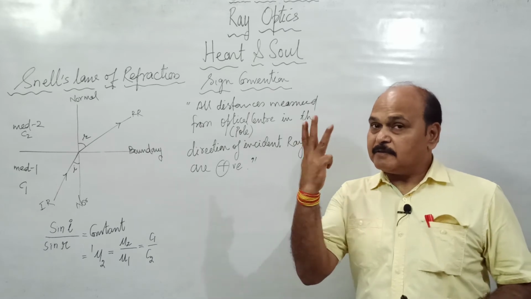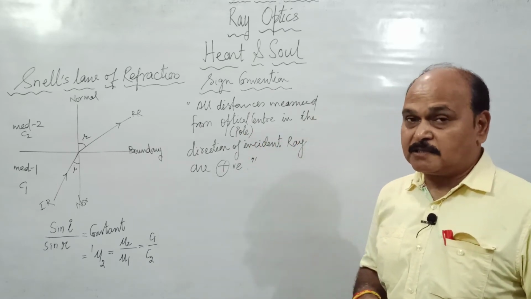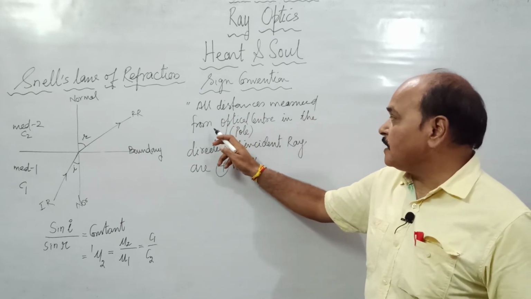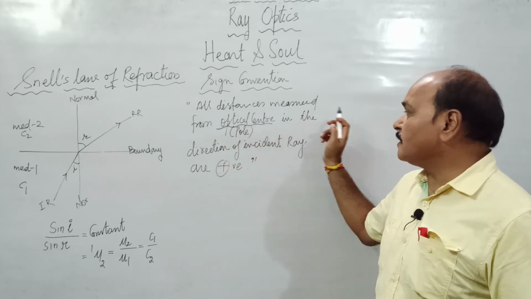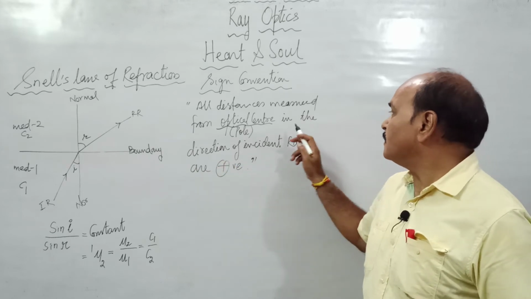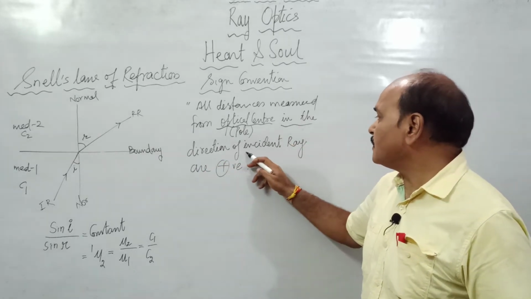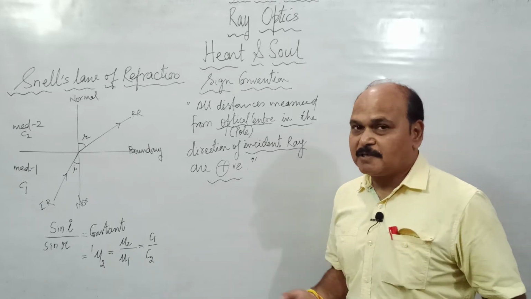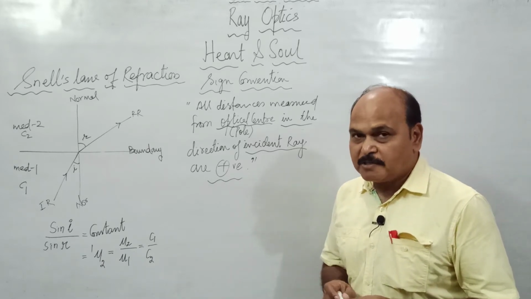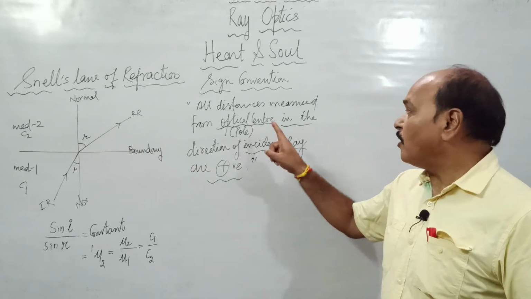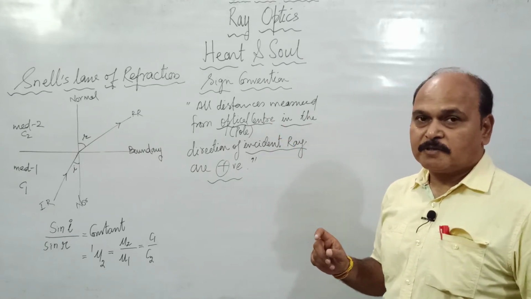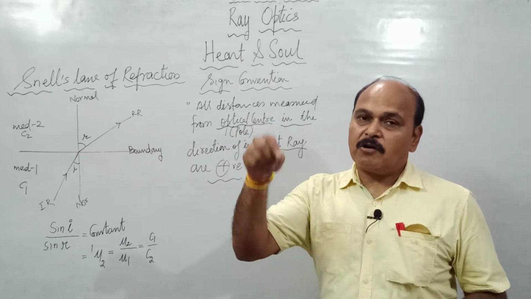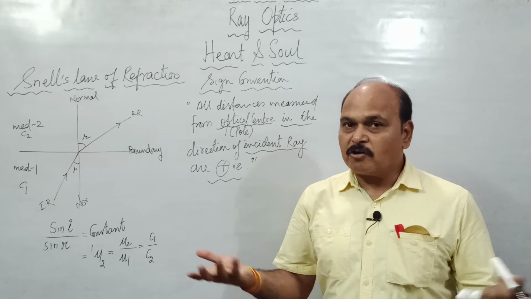There are three things which are coming up from this sentence. All distances measured from optical center in the direction of incident ray are positive. So the very first thing is we are going to measure all the distances from optical center. What is optical center? Optical center is nothing but the center of the optical surface or optical device.